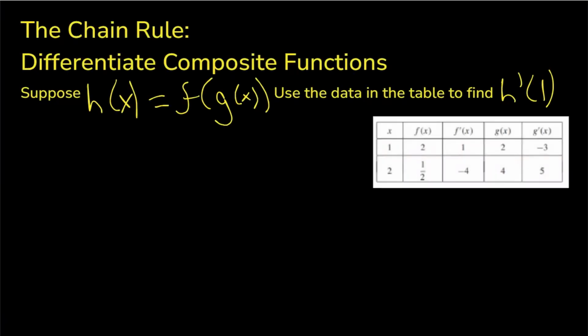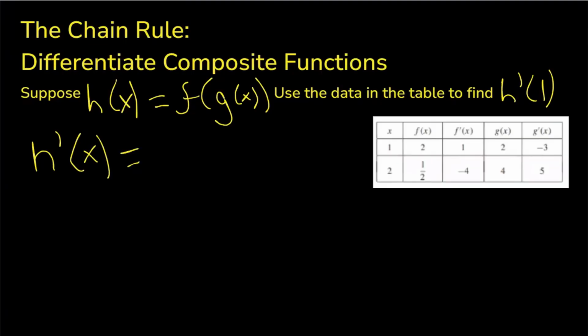So here's another kind of problem that can come up, where they don't actually give you a function or a graph. They just give you a table of selected values and they tell you some information. So h is equal to f of g of x. So we know it's a composite function. If we want to find h prime of 1, first thing we want to do is take the derivative of h using notation.